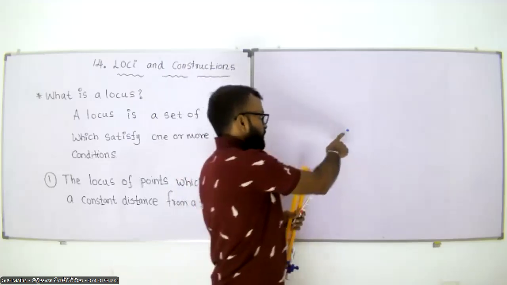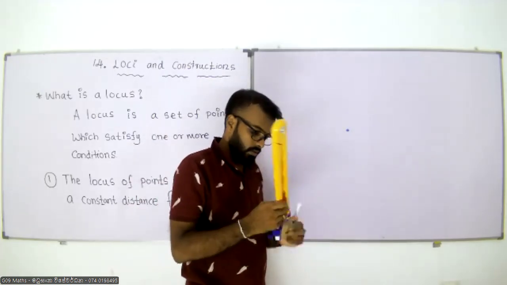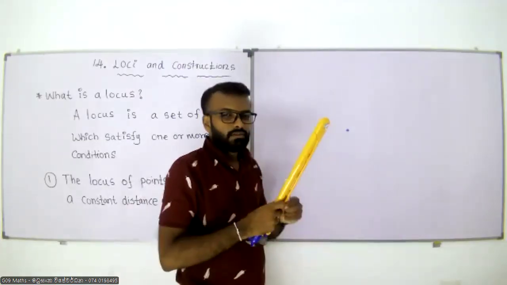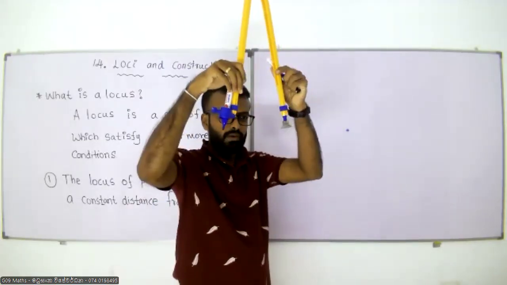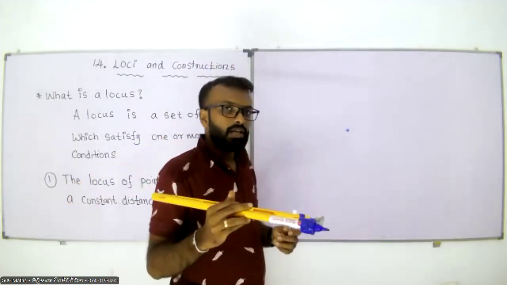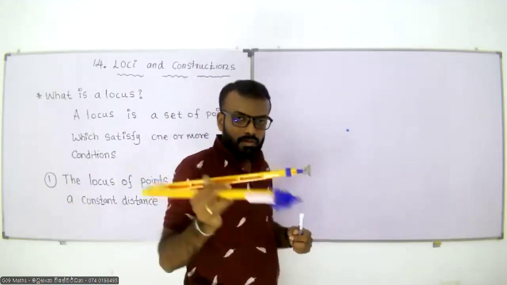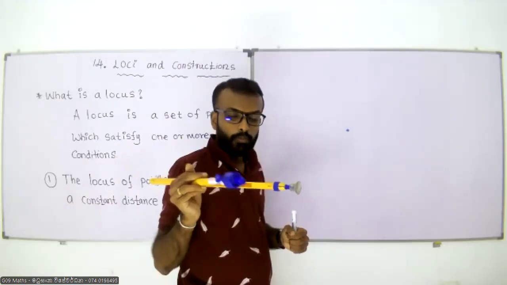So this is your fixed point, maintain the fixed point, right? Now I will take a distance on my pair of compass like this. You can take 2 centimeter, 3 centimeter distance on your pair of compass.